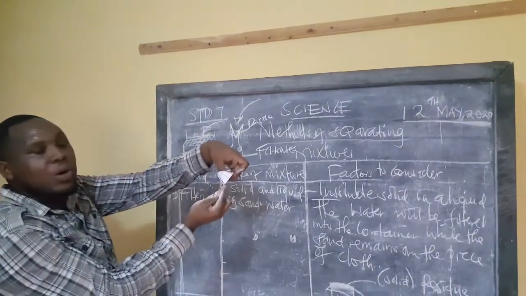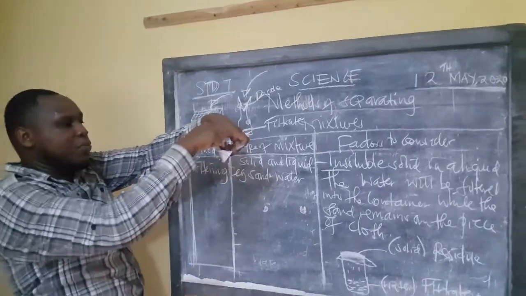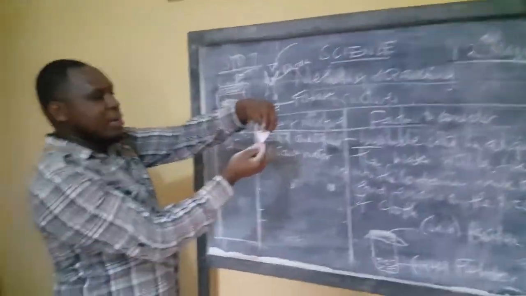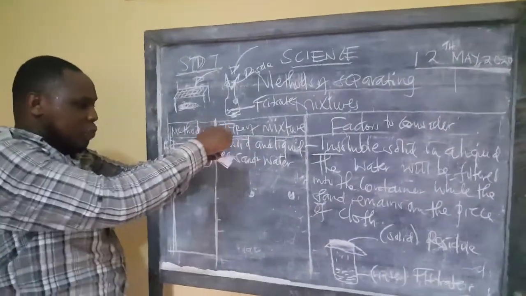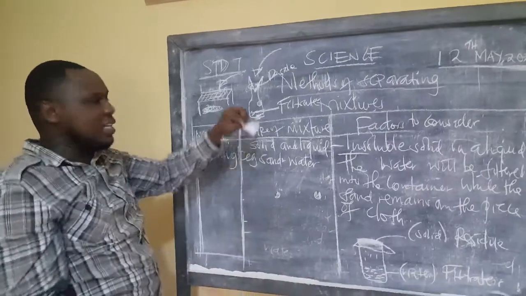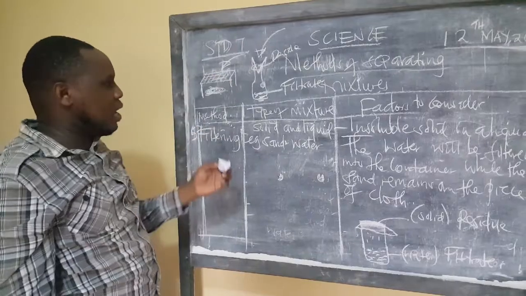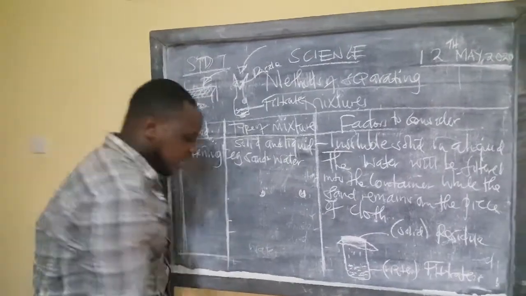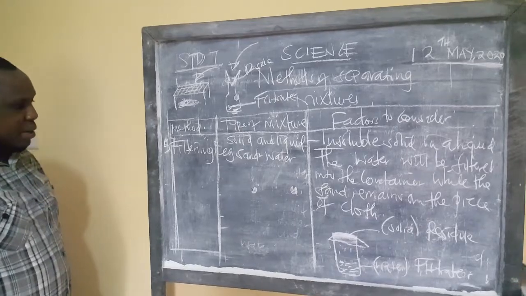The water will make the hole for itself when you pour the materials, maybe the insoluble solid in the water. So that's how you do it, learner. You can improvise one at home and form a filter paper which can filter that.